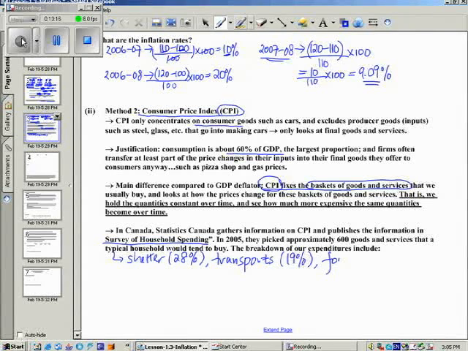Then followed by food, which accounts for about 16% of our expenditure, and then followed by education, which you can probably identify with, for about 12%, and others. So the consumer price index focuses on this type of expenditure and then looks at, for the given quantities of different types of products that we would buy, how much more expensive or how much less expensive it is for us to buy them over time.